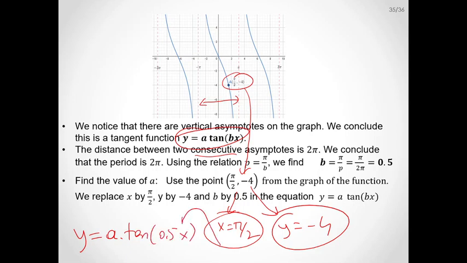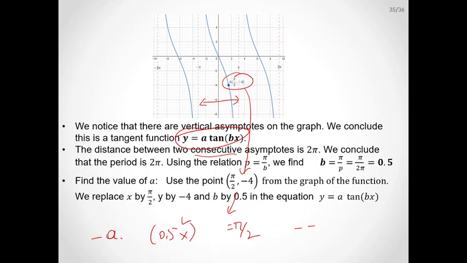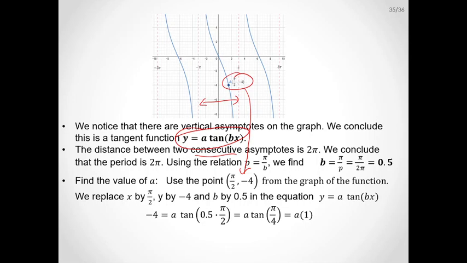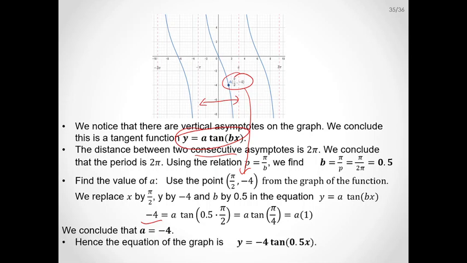So you put here x, pi over 2, here y, negative 4. Then you will get a is equal to negative 4. So the equation will be y equal to negative 4 tangent 0.5x.